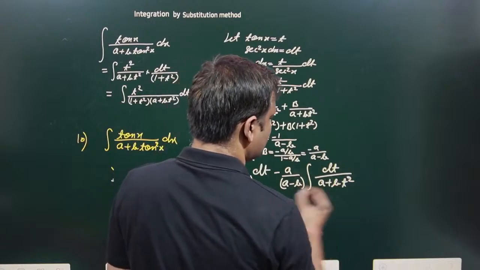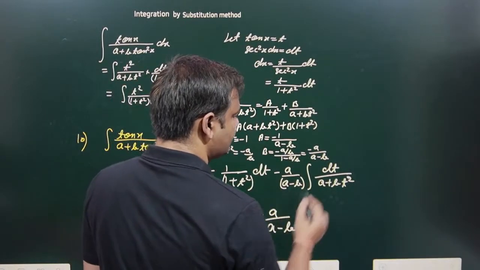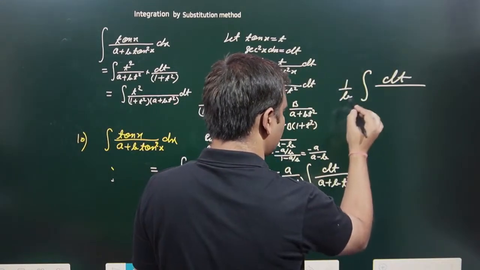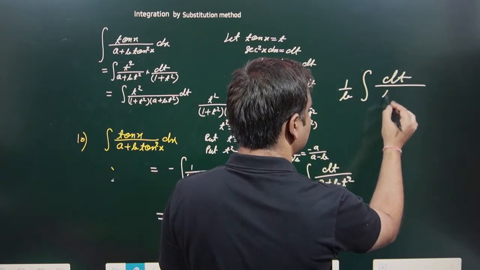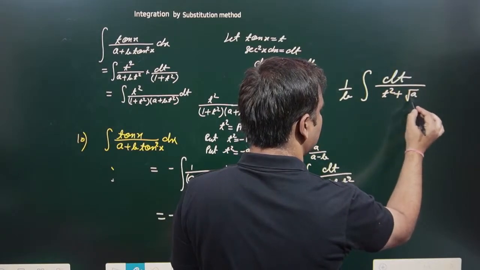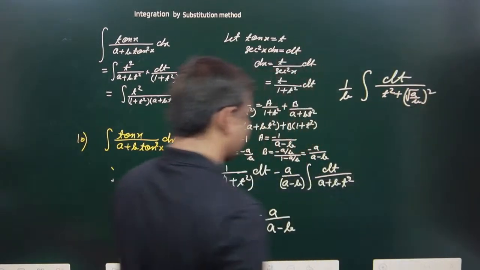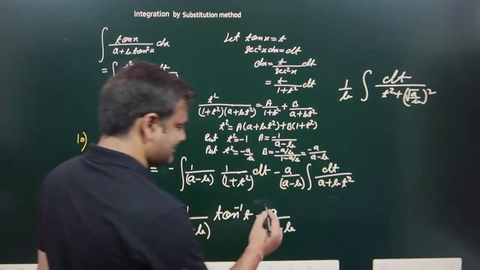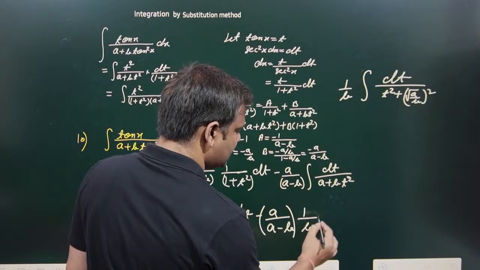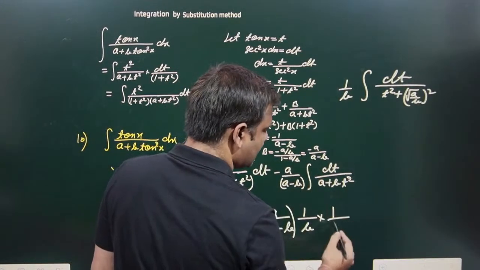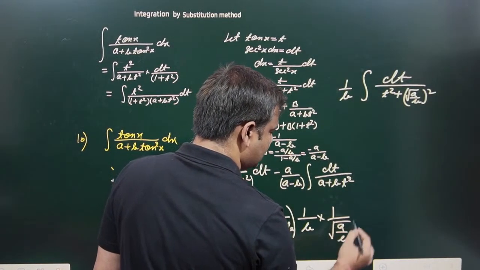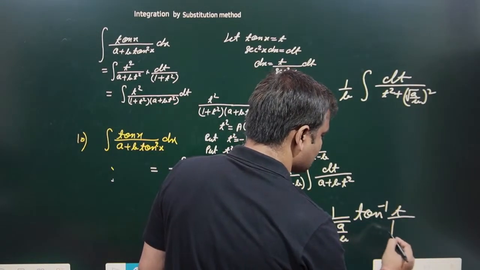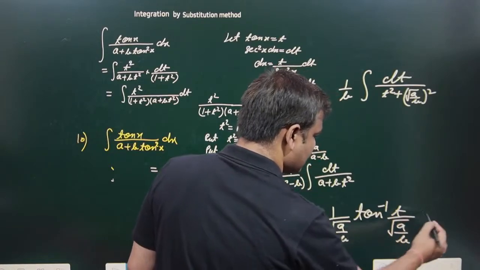Simply here dt upon, if b is common, then t square plus root a upon b to the whole square. So you can say 1 upon b into 1 upon under root a upon b into tan inverse t upon root a by b plus c.